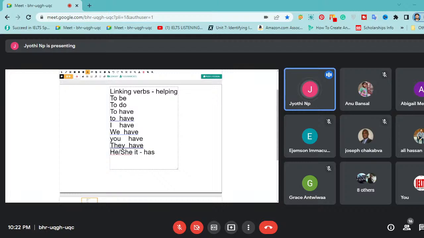Tomorrow I will take verb conjugation. Now verb conjugation is very important. See, suppose I take one verb, sing. I sing, you sing, we sing, they sing, he sings, she sings, it sings. Then the second part is, okay, am.